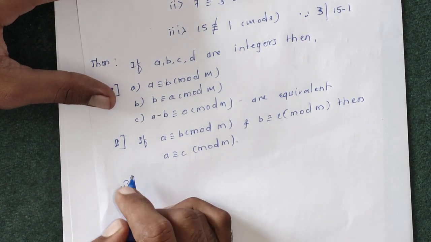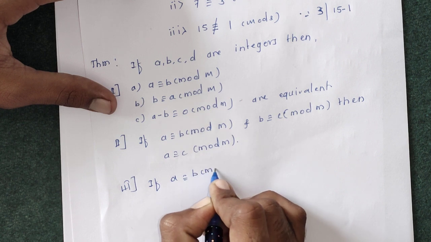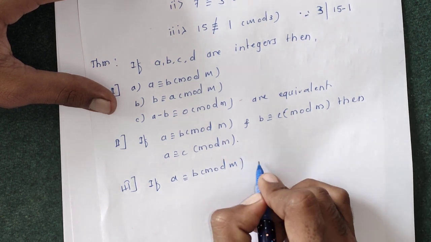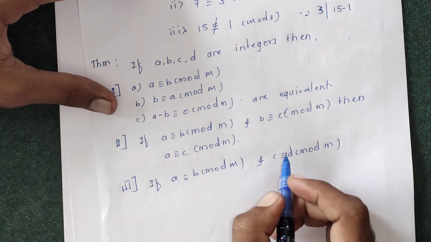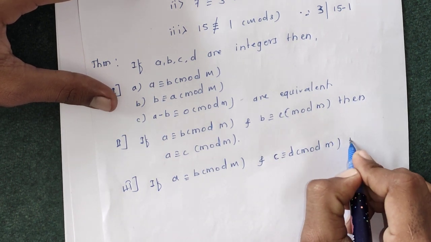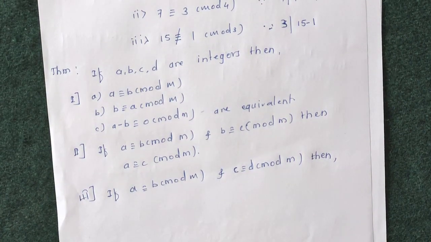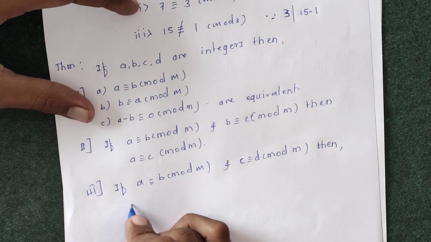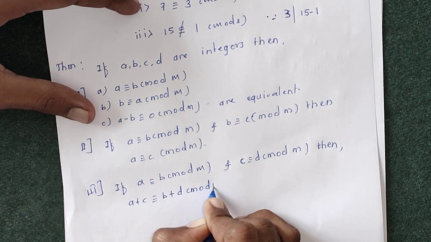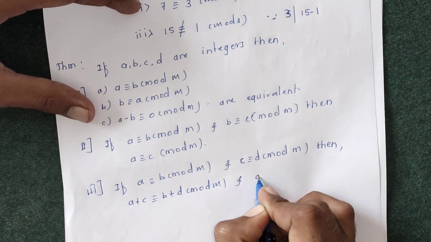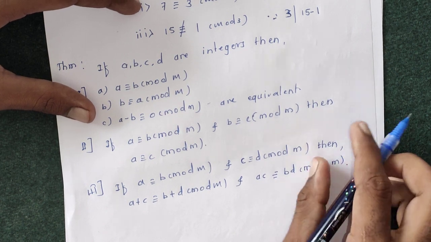Now the third statement is: if A is congruent to B mod m and C is congruent to D mod m, then A plus C is congruent to B plus D mod m, and AC is congruent to BD mod m.